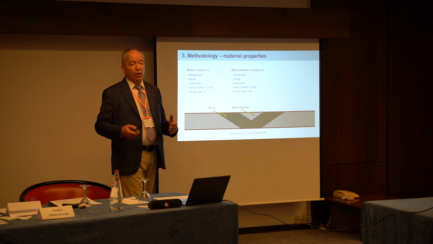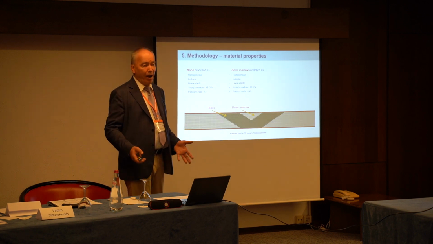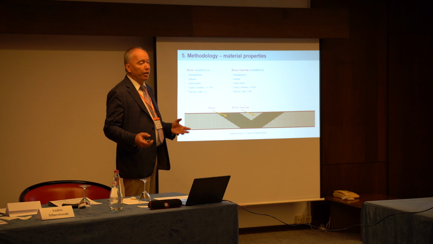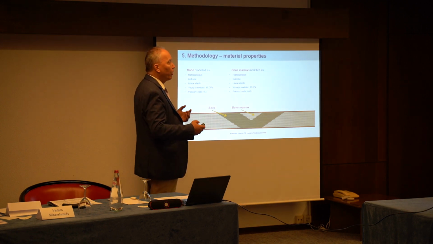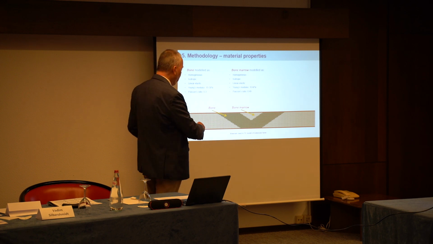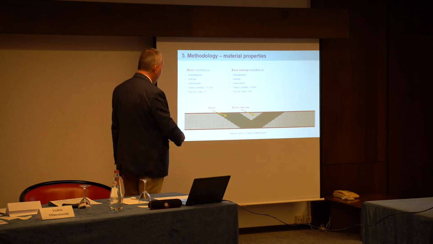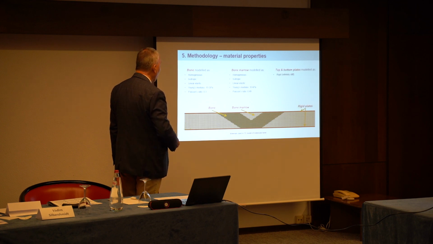So the marrow is not a load-bearing component, but it is rather a source for the formation of new bone, or oppositely the bone can resorb into it. Good, so far so good. So this is the model.